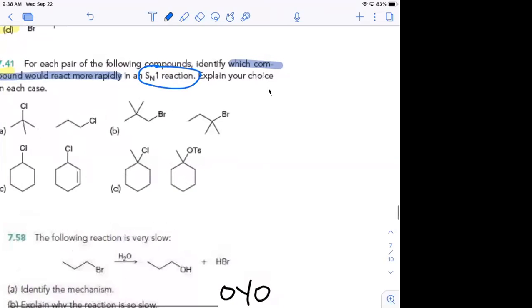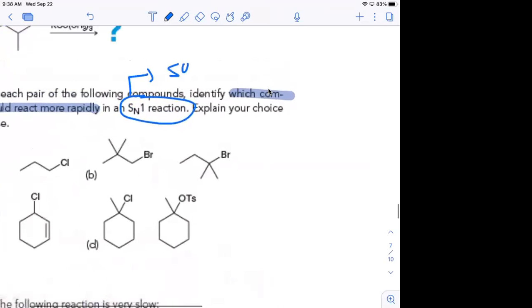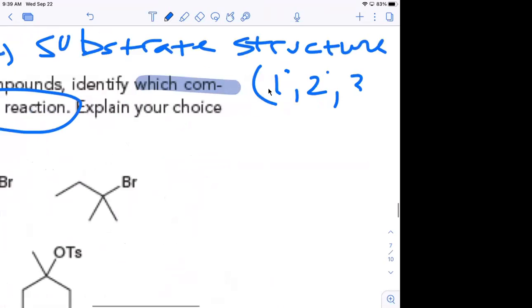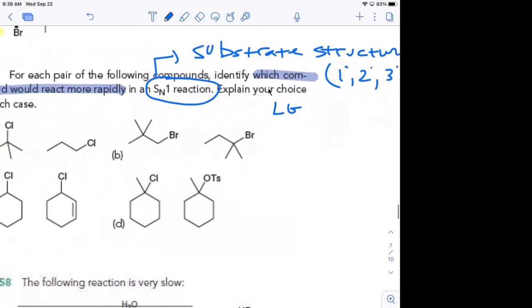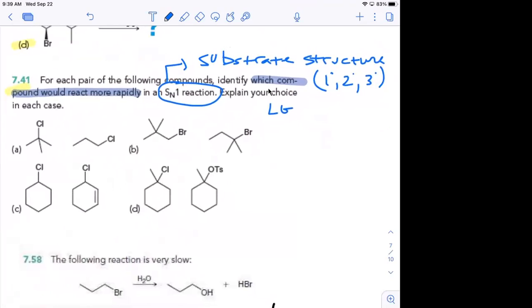So for this particular problem, substrate structure, and that's just if it's primary, secondary, or tertiary. And leaving group. How do we determine leaving group quality again? Anybody remember that? What are we looking for? The pKa of the conjugate acid.